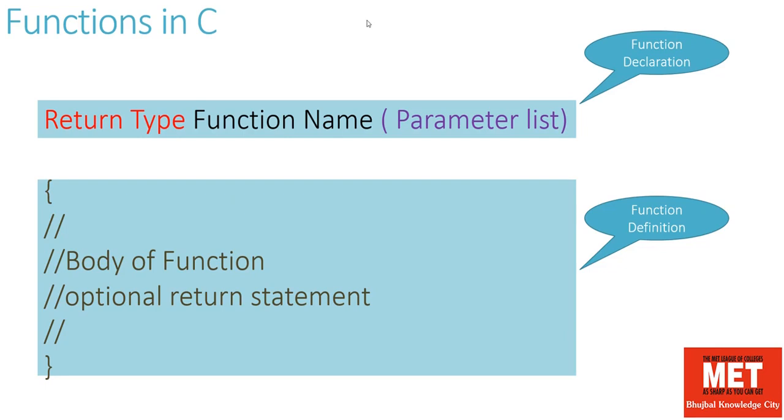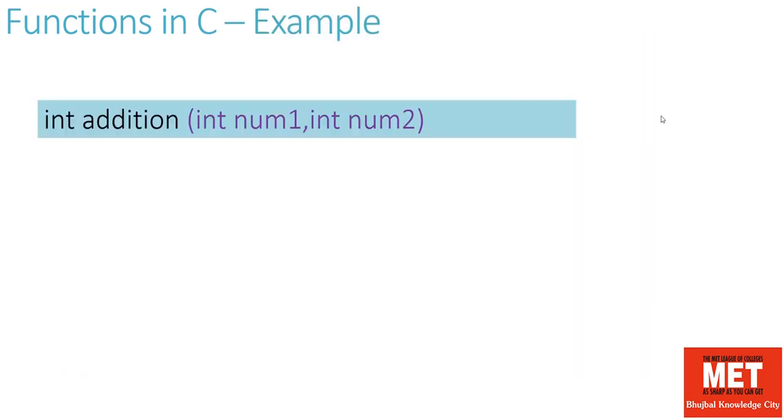I'll explain a very simple example for addition of two numbers. So let's say I want to define a function which adds two integers. There are two parts, the function declaration part and the body of the function part. As per the function declaration, we need to specify the name of the function.